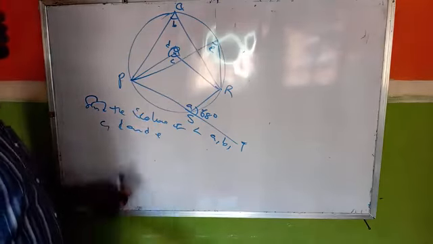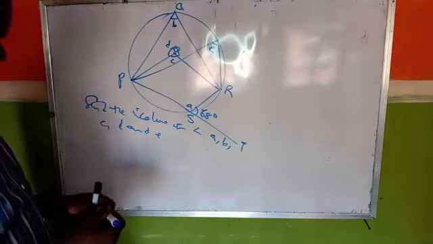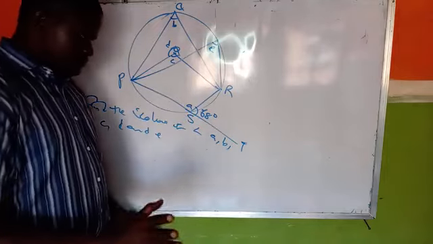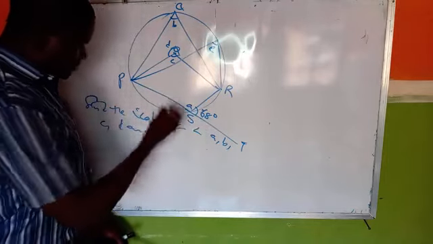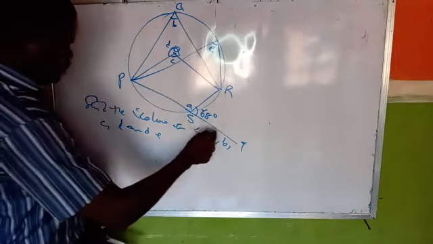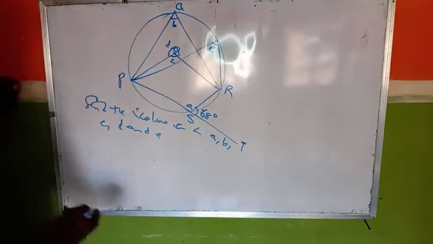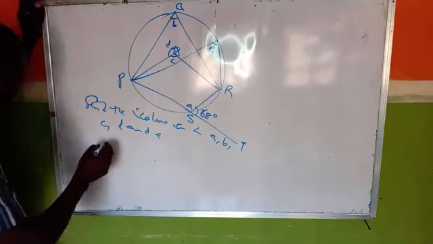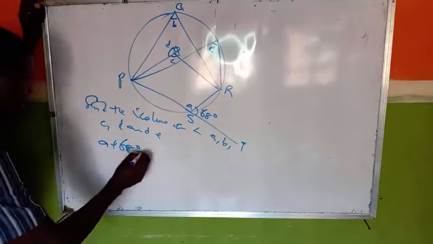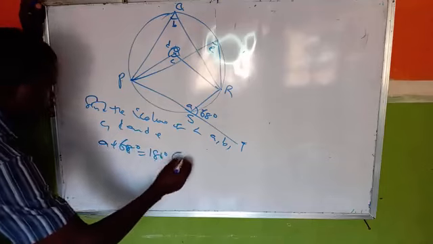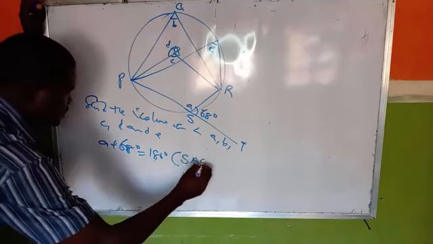So just look at it. Now, look at this one from here. What you are seeing is angle on a straight line. So you can simply have A plus 68 degrees equal to 180 degrees. This is the sum of angles on a straight line.